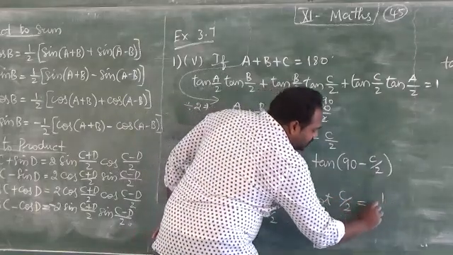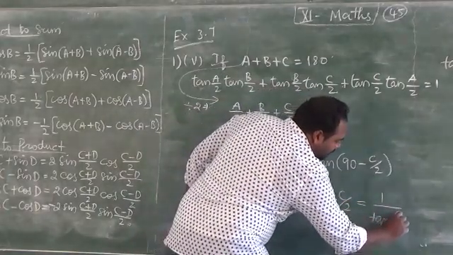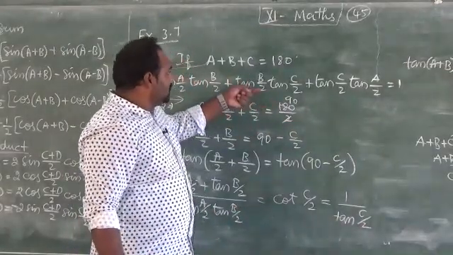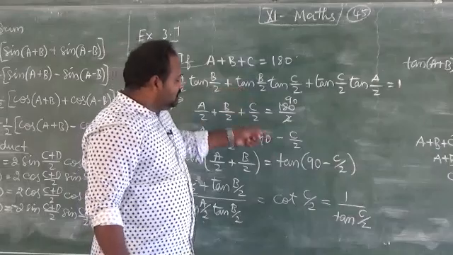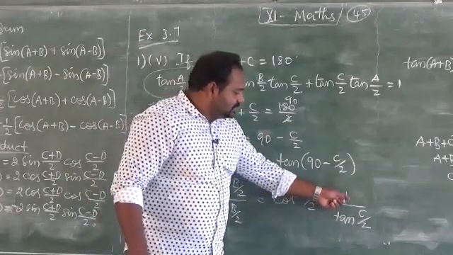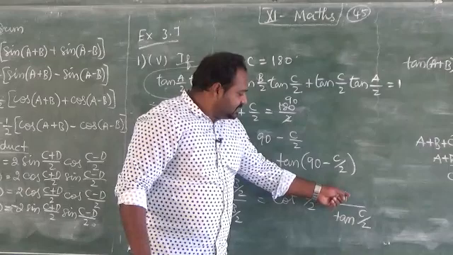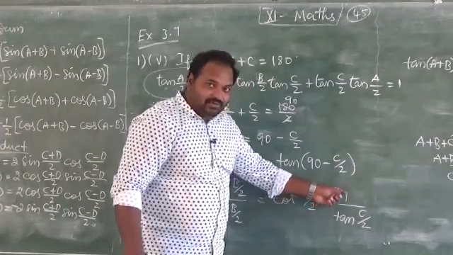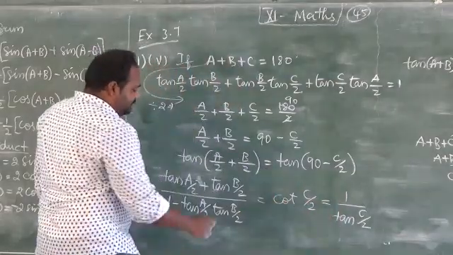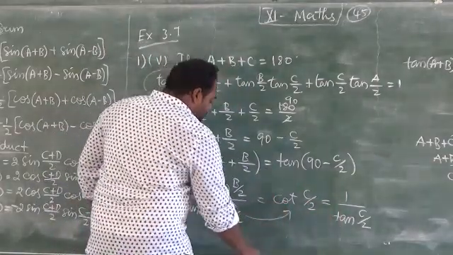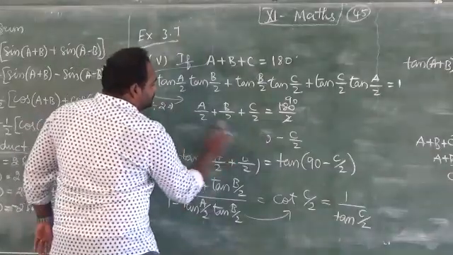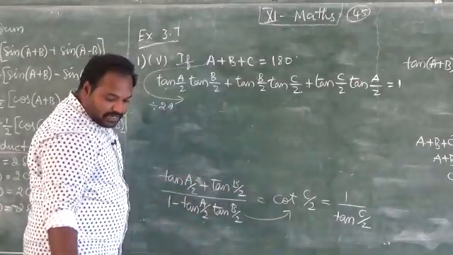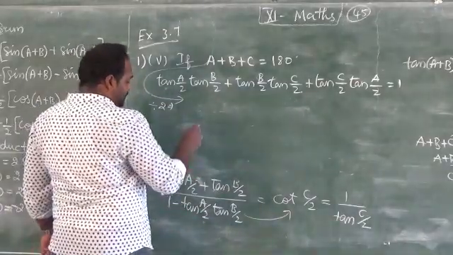So cot C by 2. Instead of cot C by 2, I can write 1 by tan C by 2, because we have no cot functions in the answer. So I have changed cot into tan, since the reciprocal of cot is tan. Next I am going to bring this term to this side. The denominator will be multiplied with the numerator, and the numerator will be multiplied with the denominator.